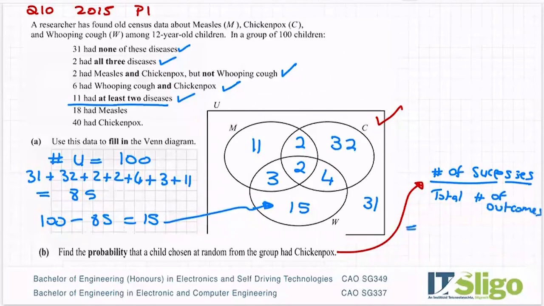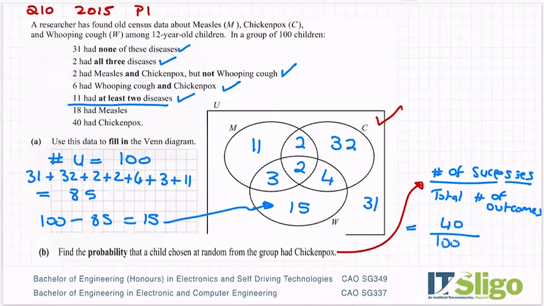So that's the formula for any probability. Our successes in this case is how many children have chickenpox. That's what we regard as a success. It meets whatever you're finding the probability of. So chickenpox was 40. The total number of outcomes is the total number that could ever happen.